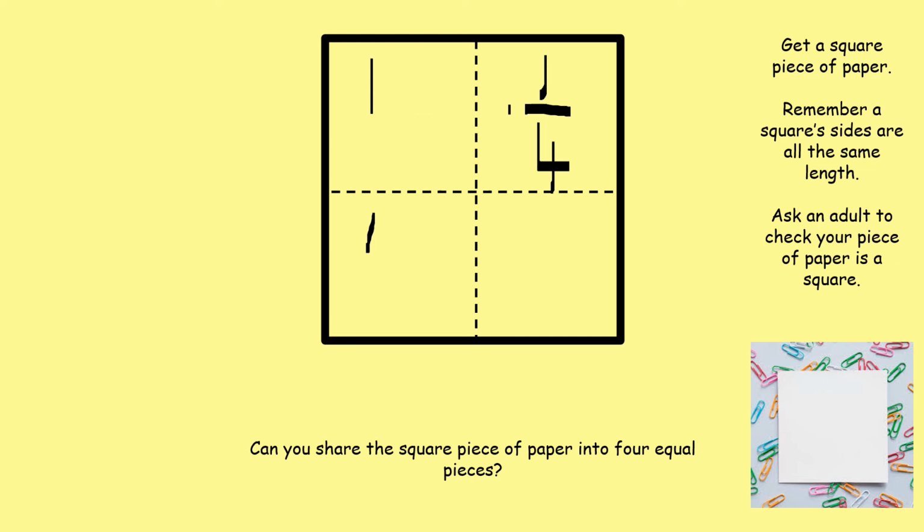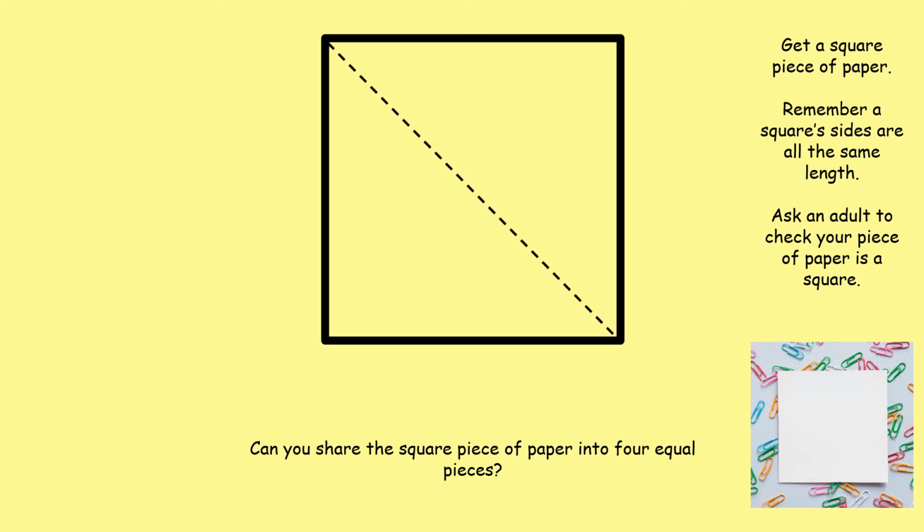Did you find another way that you could cut your square into quarters? Let's have a look. Or you might want to get a different piece of square paper and try and fold it a different way or cut it a different way so you can get 4 quarters. I did it this way. So I could fold it along there, fold it diagonally, and then I need to fold it diagonally again.